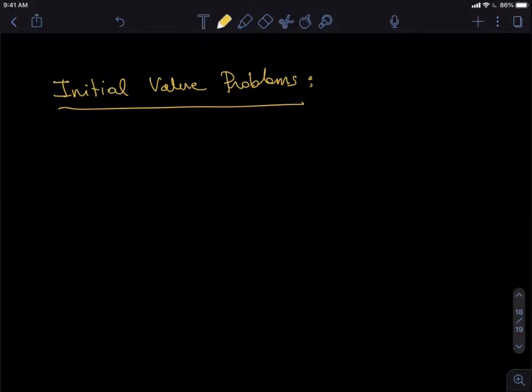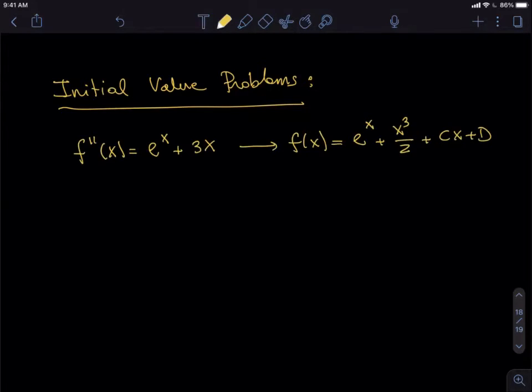In a previous video, we worked with the second derivative of a function f that we knew was equal to e^x + 3x. We were able to find that f(x) has to be of the form e^x + x^3/2 + cx + d. These c and d are constants that we said are like placeholders.